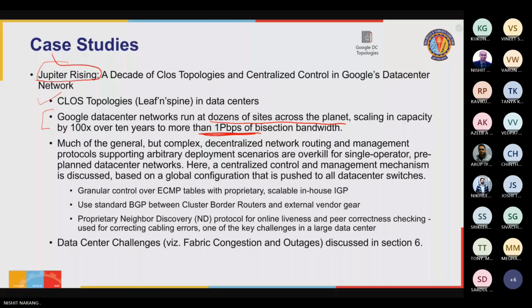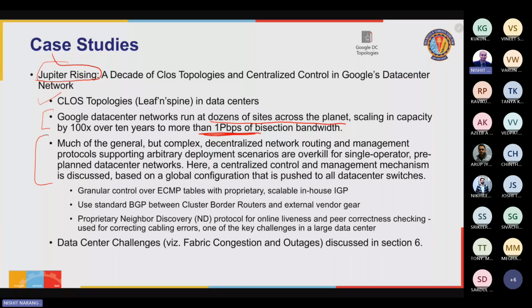Now, they also in this paper talk about how they've designed their control plane for the data center network. And they say much of the general but complex decentralized network routing and management protocols supporting arbitrary deployment scenarios are overkill for a single operator pre-planned data center network, right?